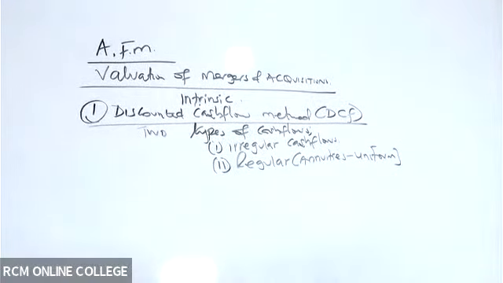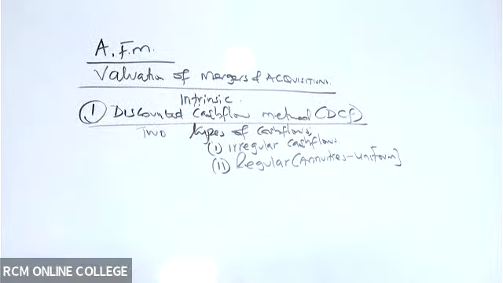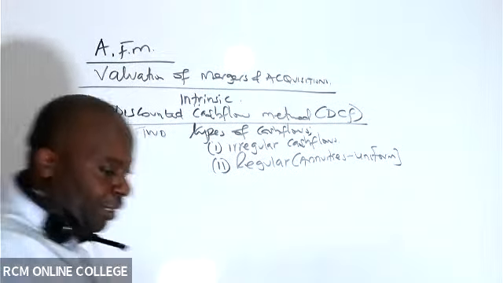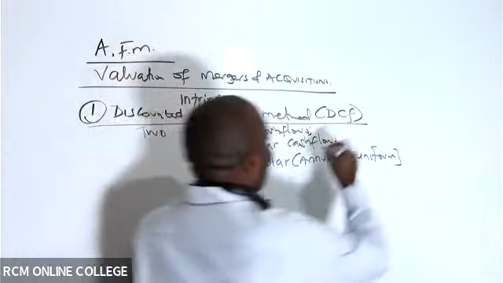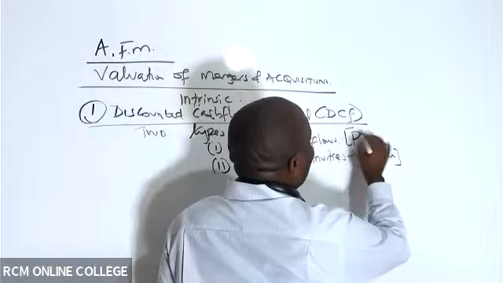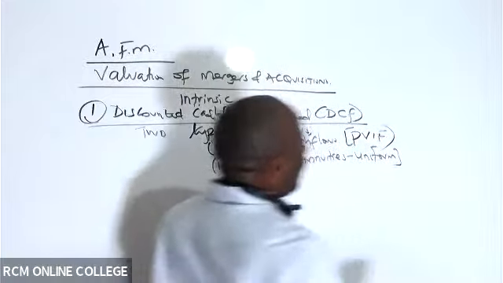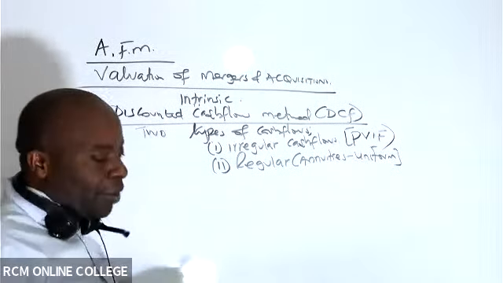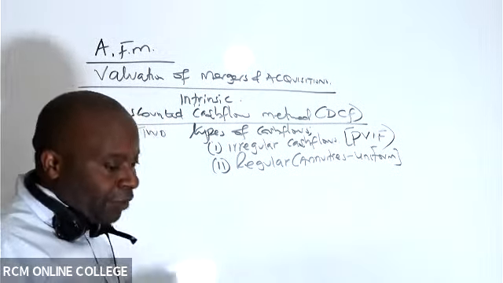To discount irregular, we normally use PVIF. You're right. We normally use the present value interest factor.